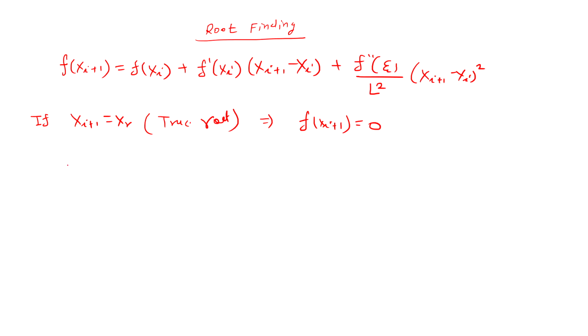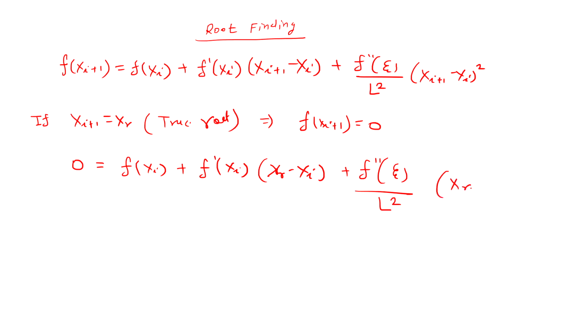So I have 0 equal to f of x_i plus f prime x_i times (x_r minus x_i) plus f double prime chi upon factorial 2 times (x_r minus x_i) to the power 2. Remember this is my equation number 2, where the earlier one was equation number 1. I will rewrite equation number 2 in the next slide.